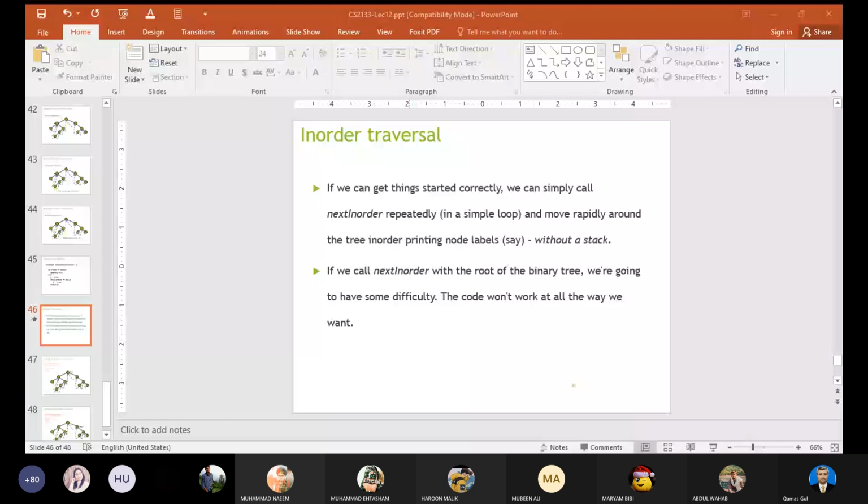If p arrow right thread, if the right thread of p is equal to thread, then return p arrow right. See, what is the right of p? It is not a thread, it is a normal link. Okay, it is like this.